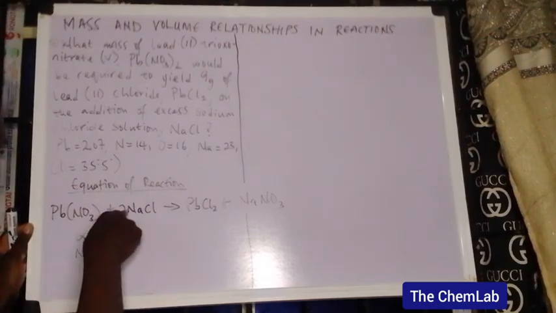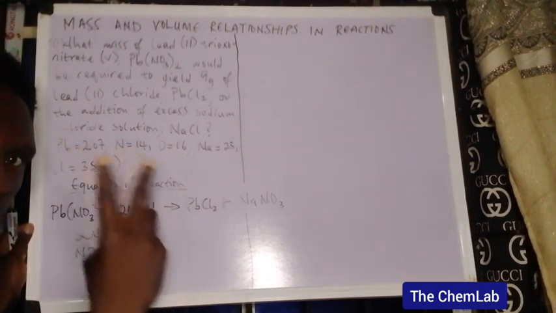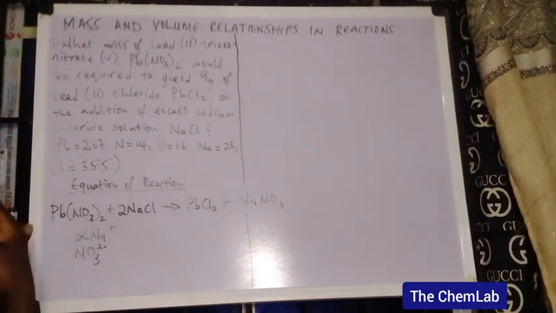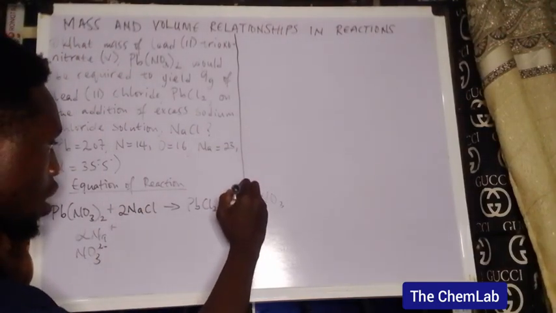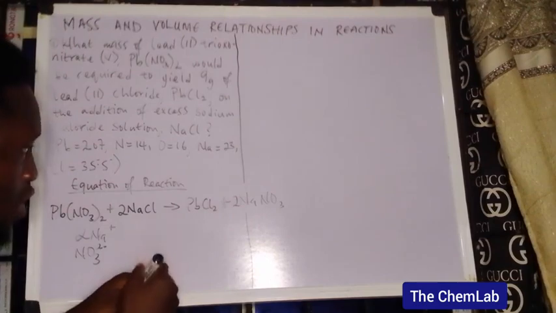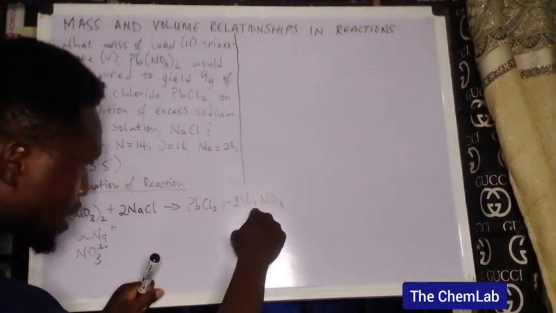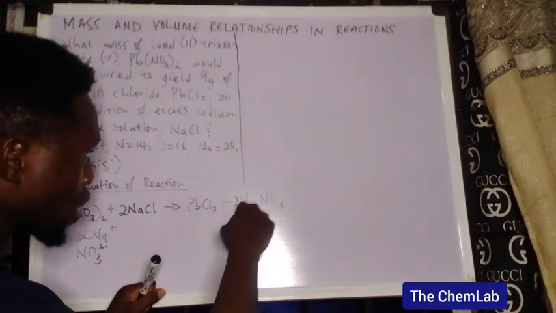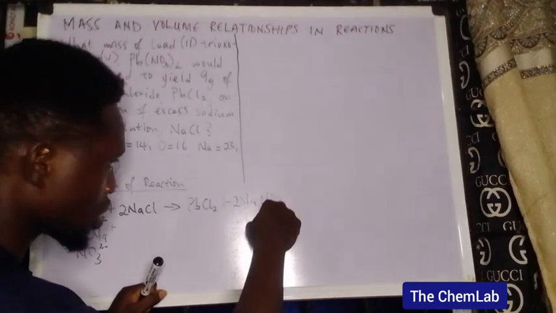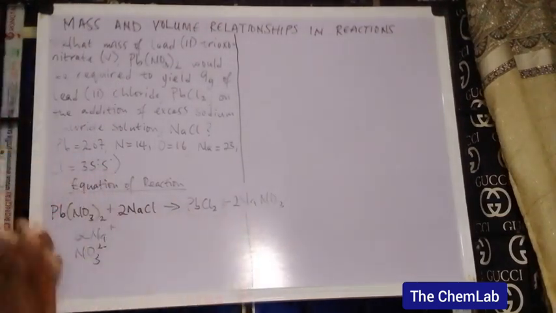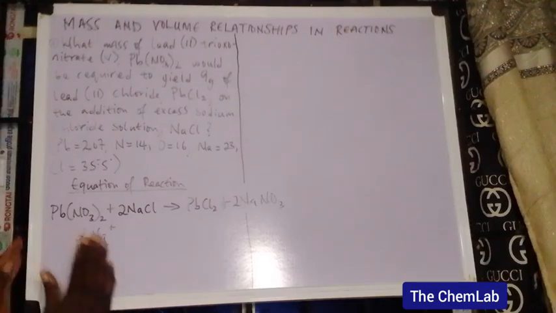And this 2 is saying Na appears twice, so 2 atoms of sodium. So we need to balance it up. To do that, we just simply put 2 here. Putting 2 here tells us that we have 2 atoms of sodium and 2 of NO3. This 2 is affecting this. With this, we have balanced the equation. I don't think there's any other thing missing anymore.